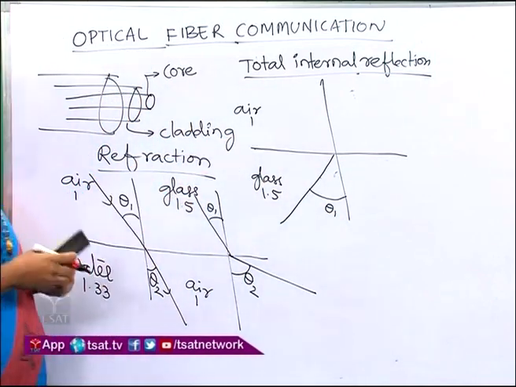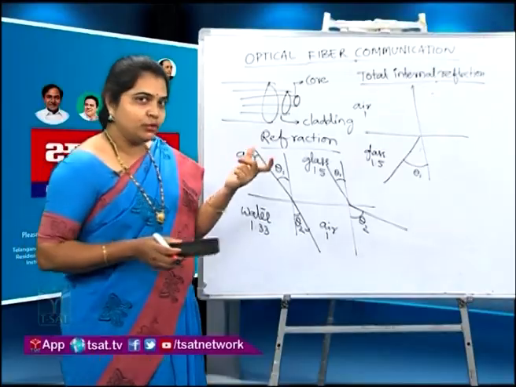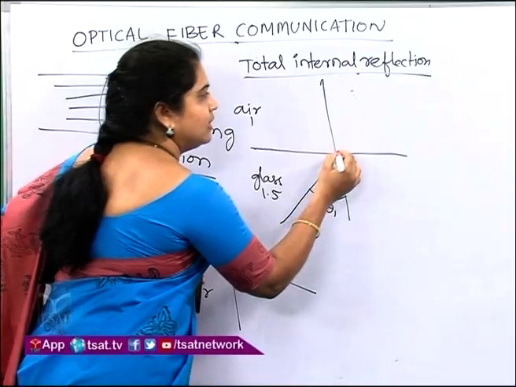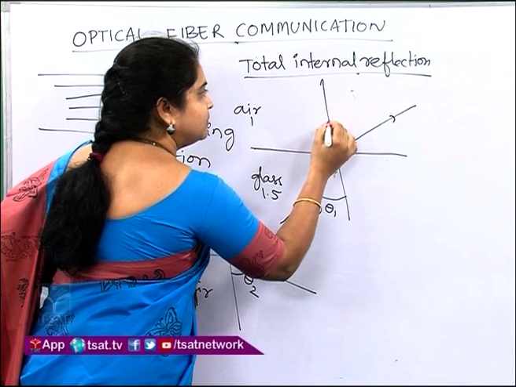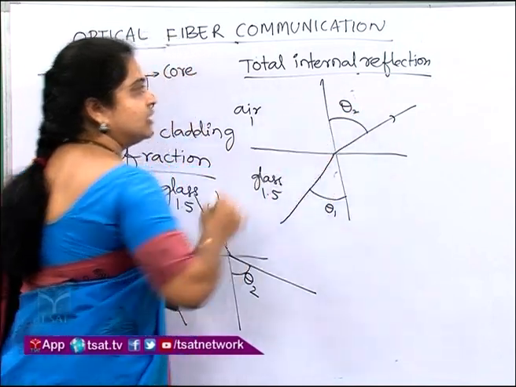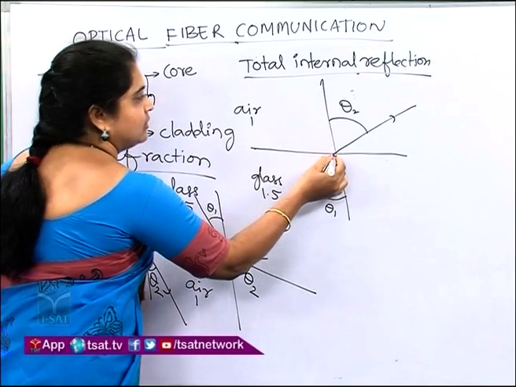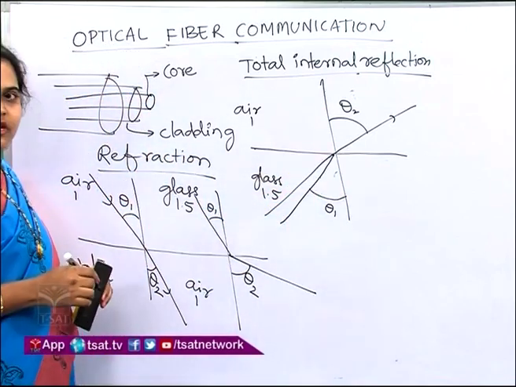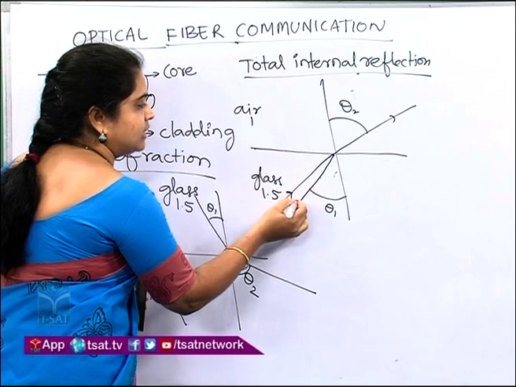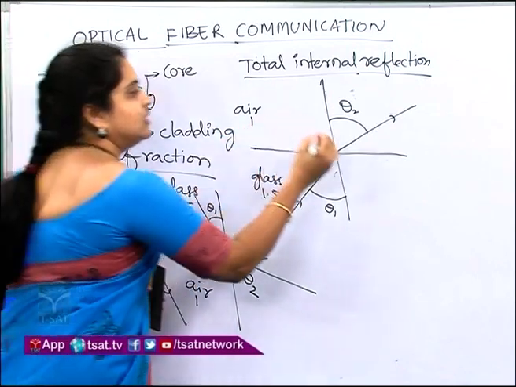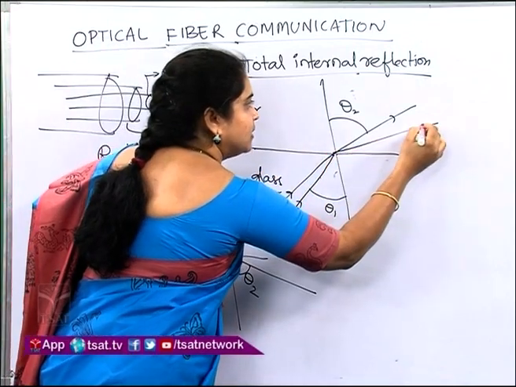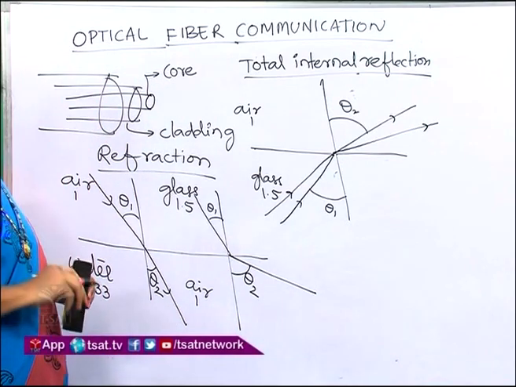Whenever light travels from a denser medium to a rarer medium, it bends away from the normal. So, this is theta 2. If you increase the angle of incidence, what happens? That will bend away from the normal again.